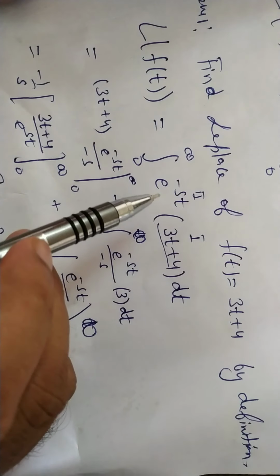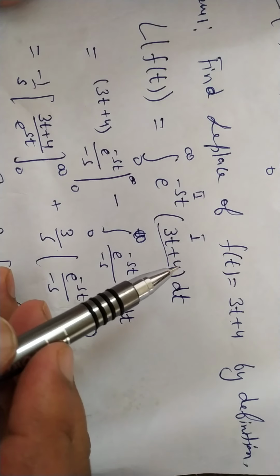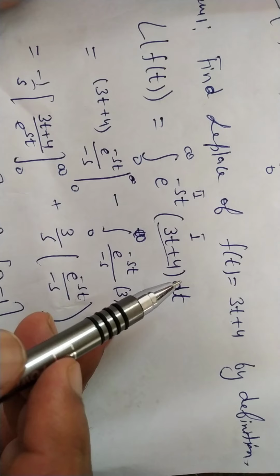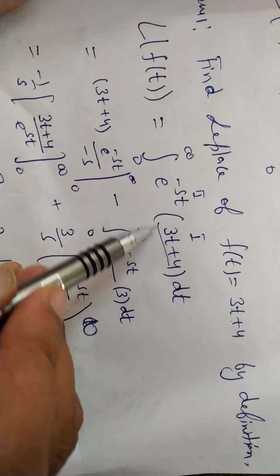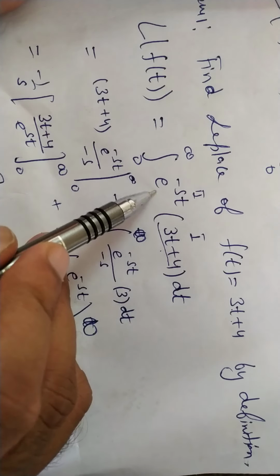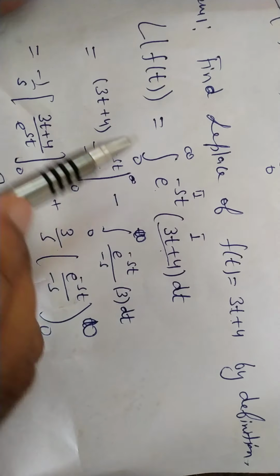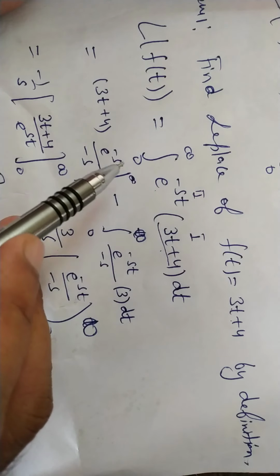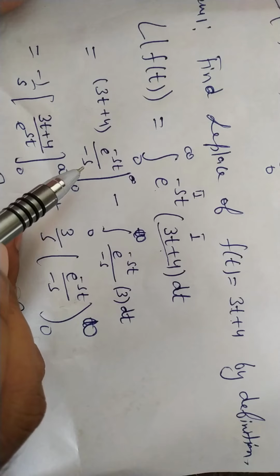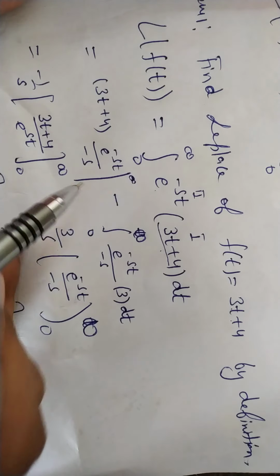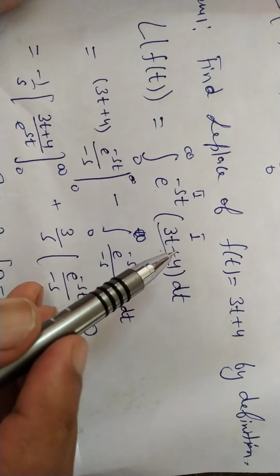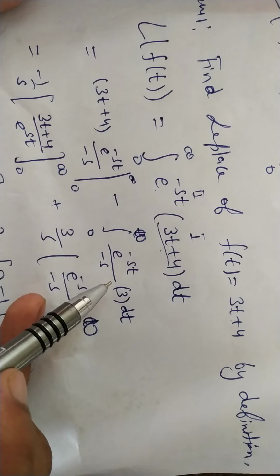Now it is an integration problem, and we know that we can solve such integrals using the first and second function rule. This is my first function, this is my second function. How to integrate? Everybody knows exponential integration: e raised to power minus st divided by minus s, limits infinity to 0, minus the derivative of the first function times the integral of the second.